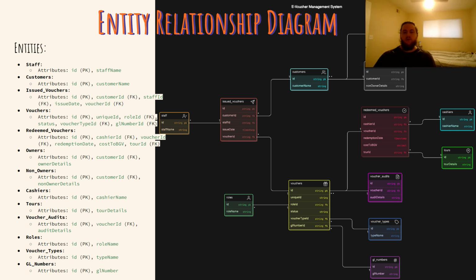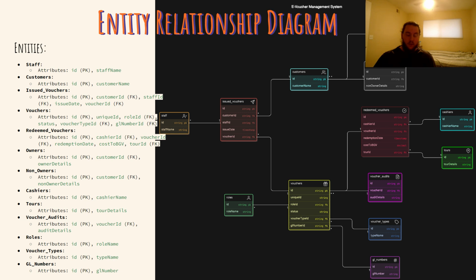Next is the vouchers entity, and this is the central one of the system. And they are identified by a unique ID and have the different associated details like status, type, GL number, and it connects to other entities like issued vouchers, redeemed vouchers, and voucher types.